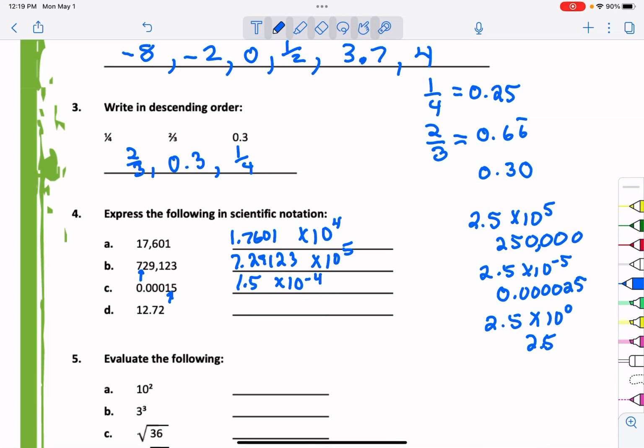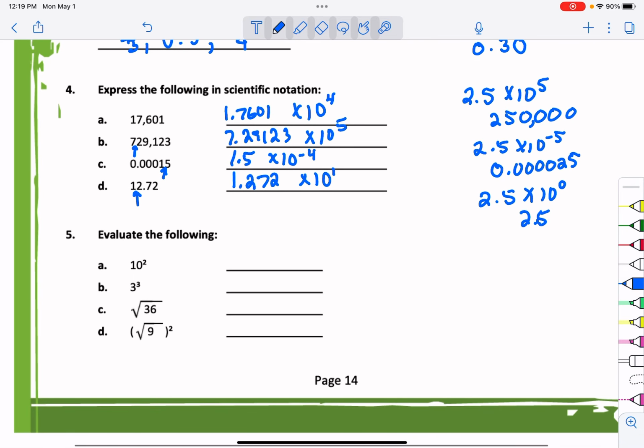And the way you could check that is you could do 1.5 divided by 10, 4 times. Okay? And then finally, we only have to move this one time. We are moving it over in the direction that is a positive. So that's going to be 10 to the first. Okay, so that's some scientific notation examples.